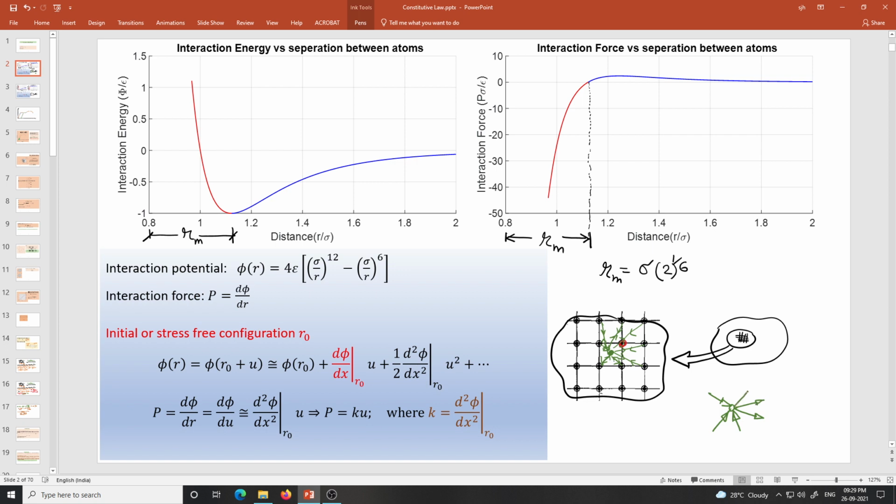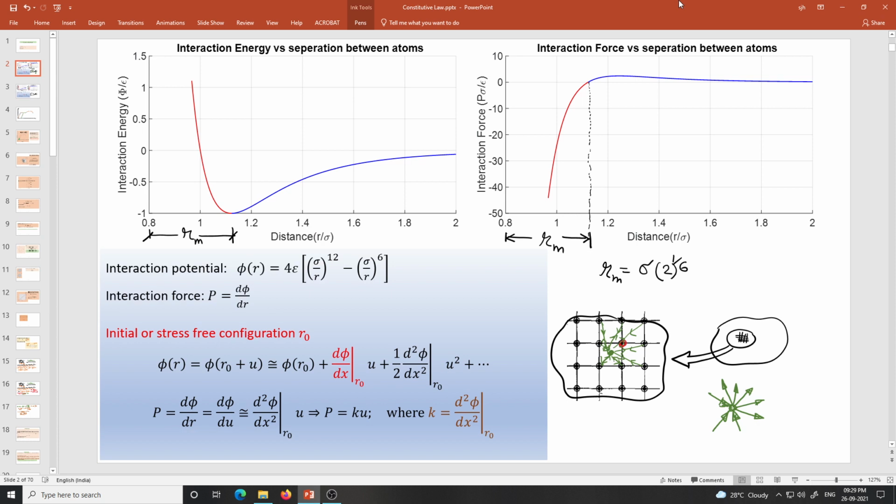And this side attraction, this side also attraction, this side also attraction. So you can see that it is subjected to concentrated forces, all concurrent. And the resultant of these forces is different from zero. That means it is away from the equilibrium configuration.